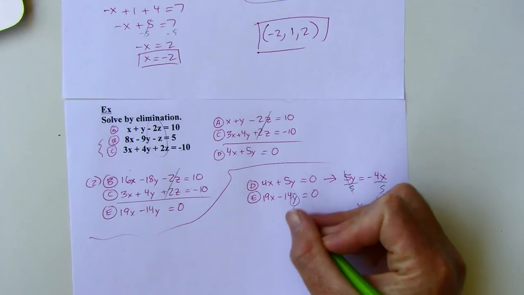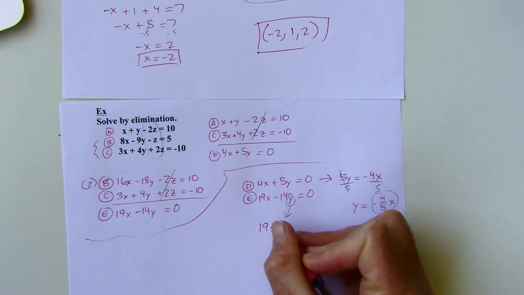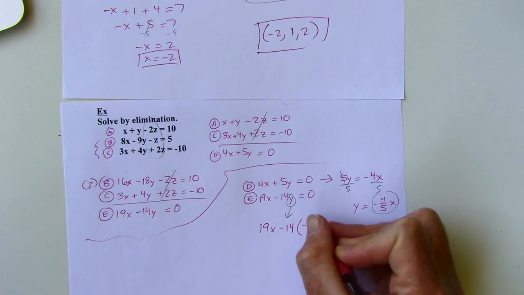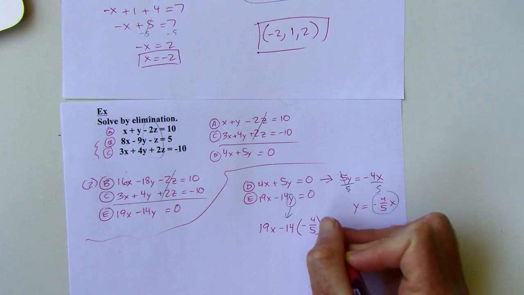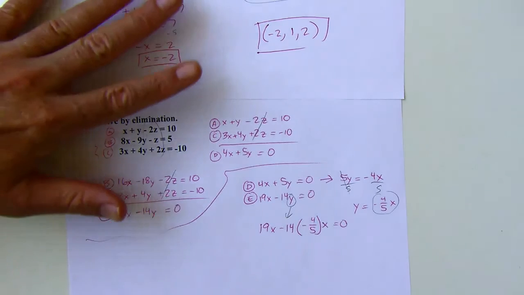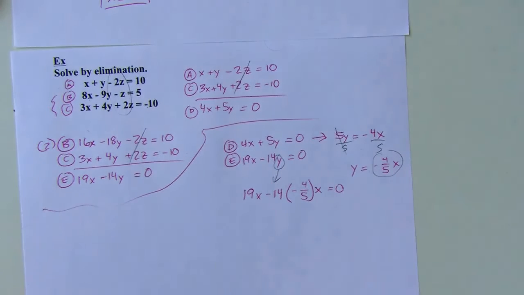So where this y is right here. This is going to be a little bit ugly because we got some fractions to deal with, but that happens sometimes in life, so let's just go ahead and try it out.